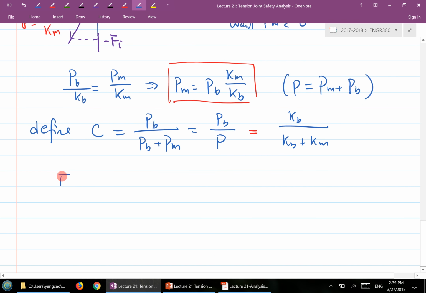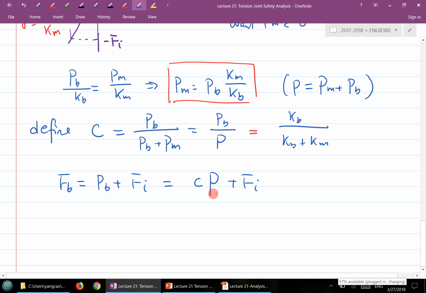As you can see, Fb equals what? Fb originally equals Pb plus Fi, right? And Pb is C times capital P, then plus Fi. So this formula Fb can be written as C times P plus Fi now.